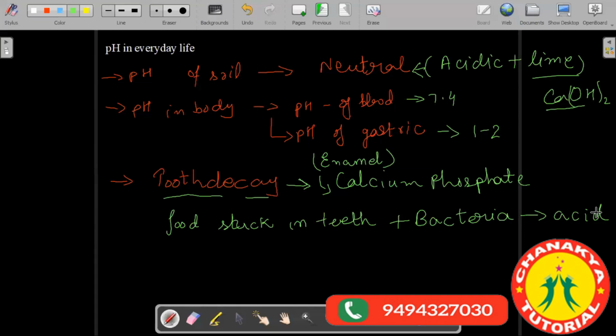Now, acid can react with calcium phosphate. So whatever acid is formed in our teeth reacts with calcium phosphate.